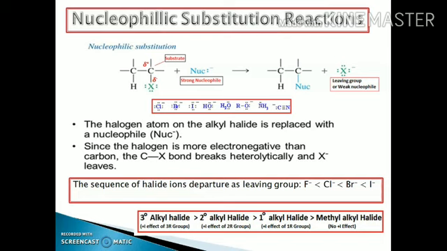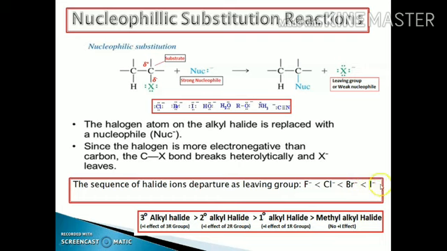The outgoing group takes away the shared pair of electrons and is called the leaving group. The rate of the chemical reaction also depends on the nature of the leaving group. A better leaving group easily breaks away from the carbon atom and thus facilitates the nucleophilic substitution reaction. Among the halide ions, the sequence of leaving group ability is F⁻, Cl⁻, Br⁻, I⁻.